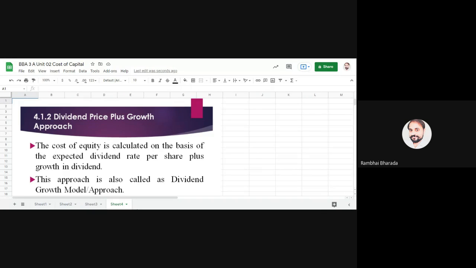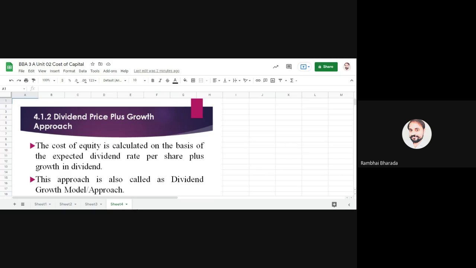Suppose the company declares that we will declare a dividend of 10% of net profit. So as net profit increases from 5 lakh to 7 lakh, the dividend will also increase from 50,000 to 70,000. This concept is applicable here. As a company grows and expands, the dividend will improve.